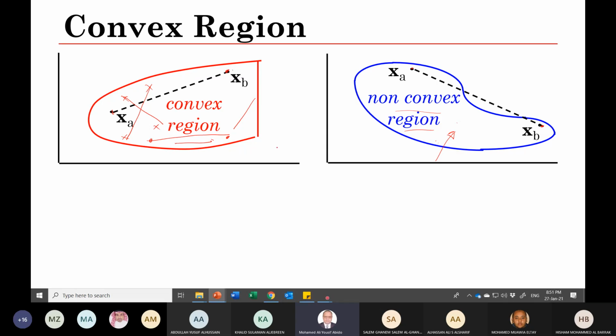The convexity as a condition for classical techniques is not there for evolutionary computation. Whatever the region is, whether convex or non-convex, you can end up with good solutions. With evolutionary computation, you can handle this efficiently.